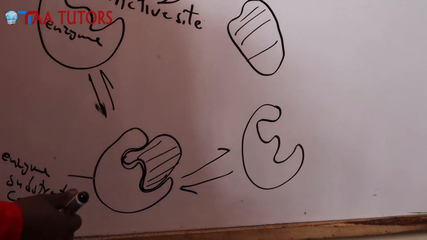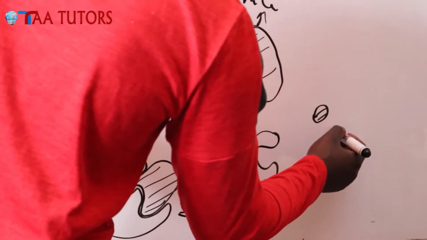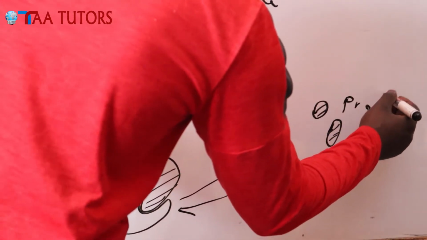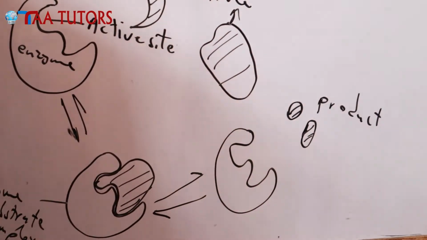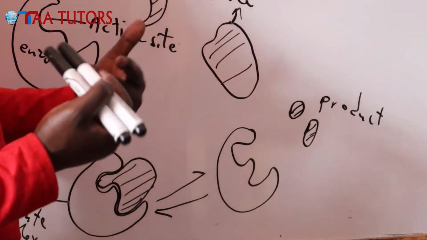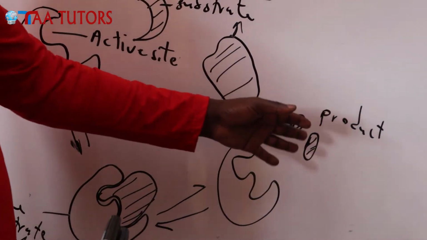It unlocked itself, but it is giving us a simplified product. Like this is now how the substrate is. They have been simplified. So this is the product. You can see we are breaking it into two simpler molecules. So if this was food, at this point you can see that it is simple and absorption can take place. If this was digestion that was taking place, you can see this is what happens.